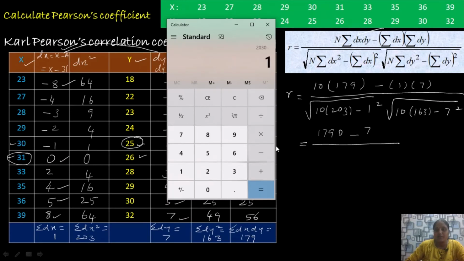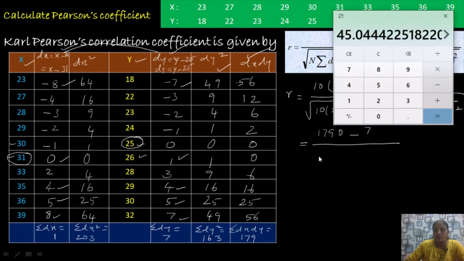If you subtract 1, we get 2029. If you take the square root, you get 45.044.